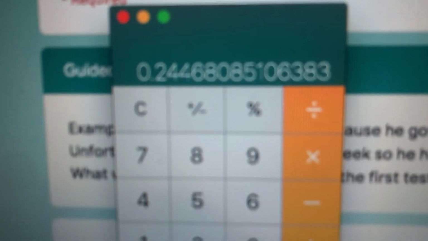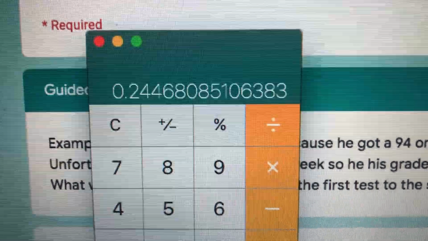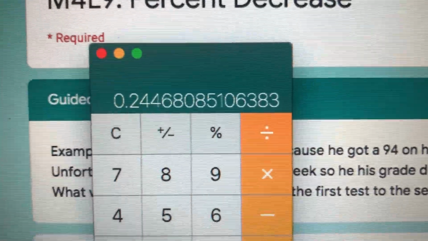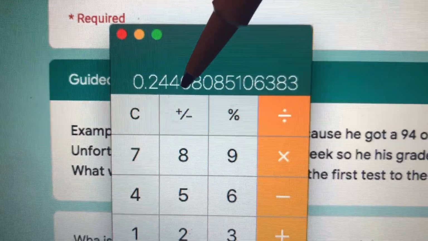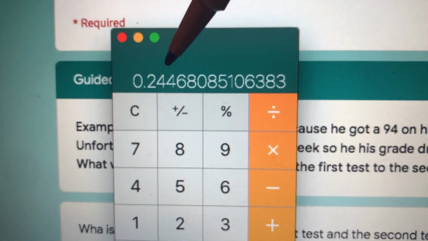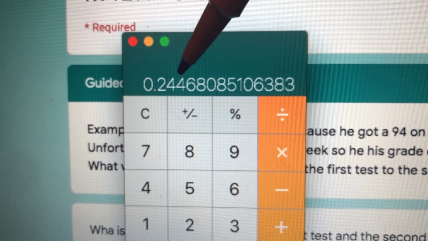Okay, so what's going to happen is you're going to get this super long number sometimes. Totally fine. Now, you need to stop at the thousands place always. So we're just going to stop right here at the thousands, which is the third number past the decimal.